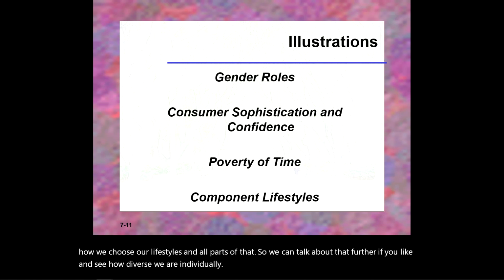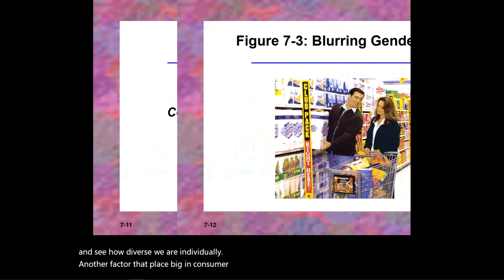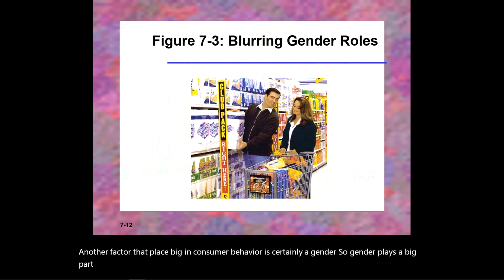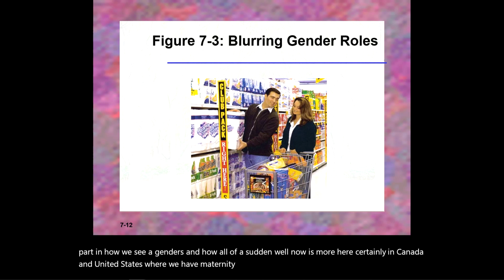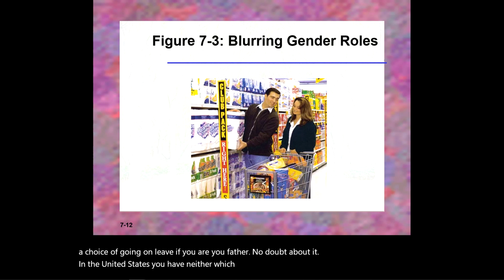Okay. Another factor that plays big in consumer behavior is certainly gender. So gender plays a big part in how we see genders, and how all of a sudden, well, now it's more here certainly in Canada than the United States, where we have maternity leave and we have paternity leave here. So if you have a choice of going on leave if you are a new father, no doubt about it. In the United States, you have neither, which is just, when you think about these things, it just doesn't make sense.